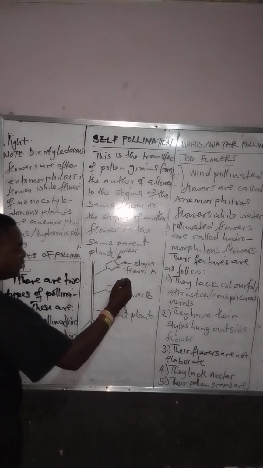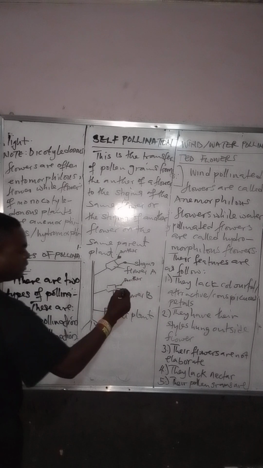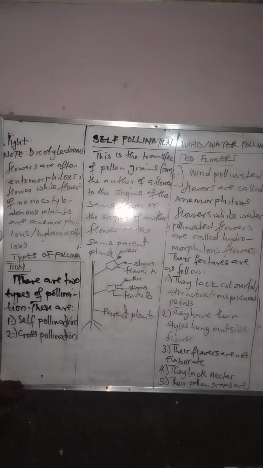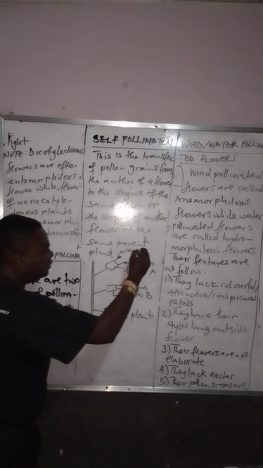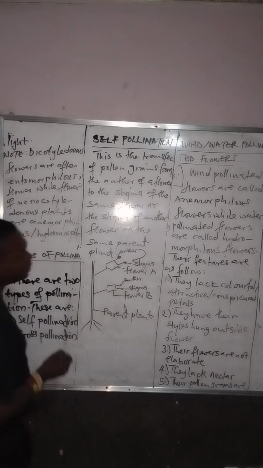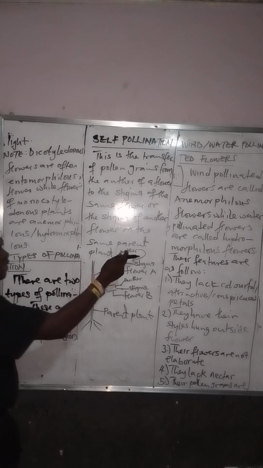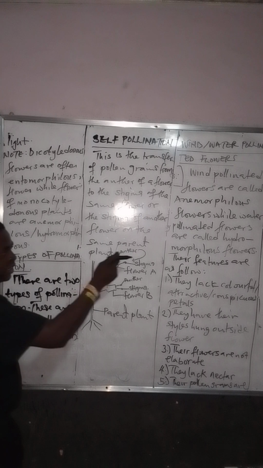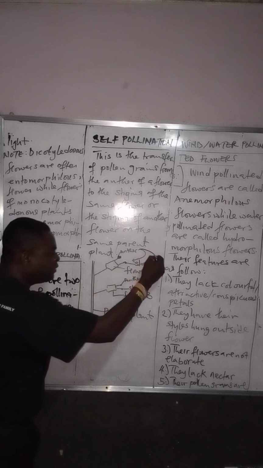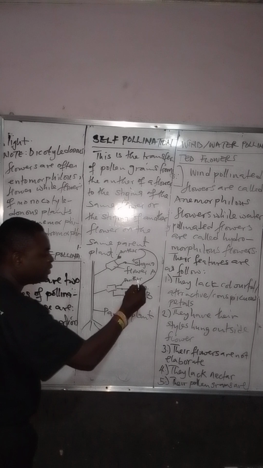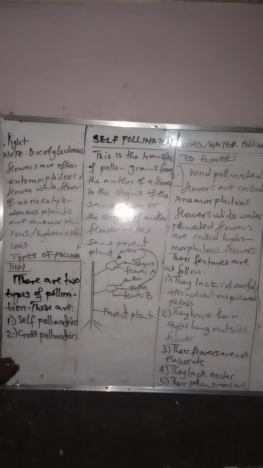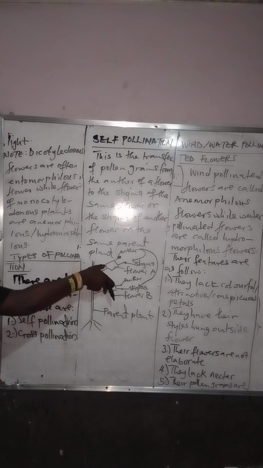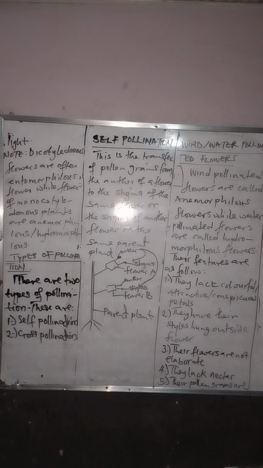Stigma. Now, if pollen grains from here come here, the pollen grain coming from here to serve the stigma of the same flower, self-pollination. It is also possible for the pollen grains to leave here and come and serve the stigma of another flower, flower B. But provided that the two flowers are on the same plant, it is still what?